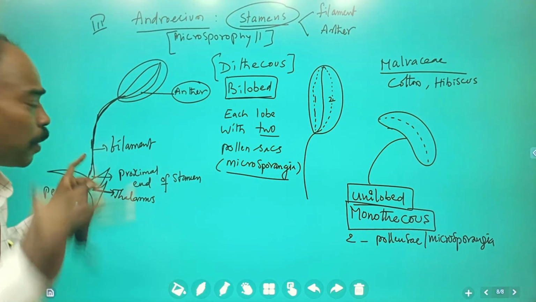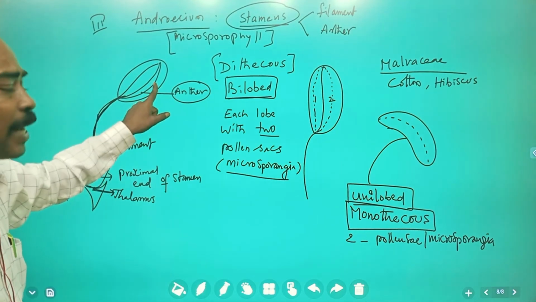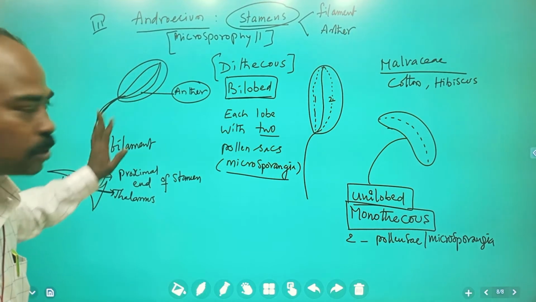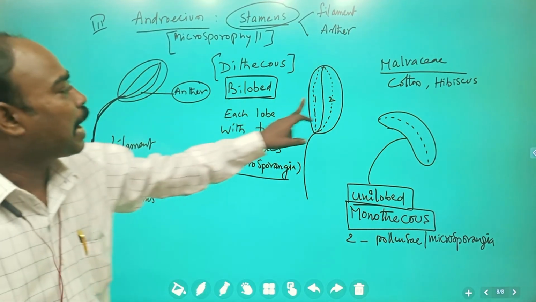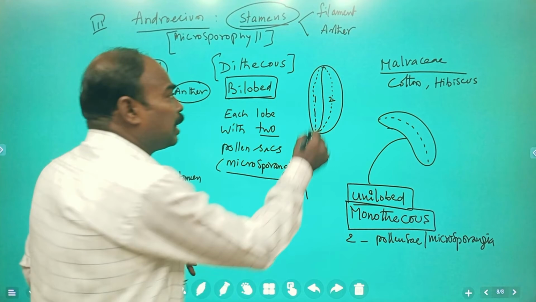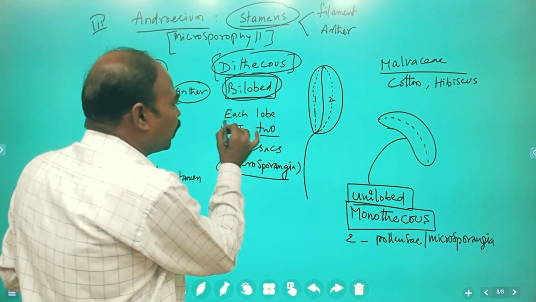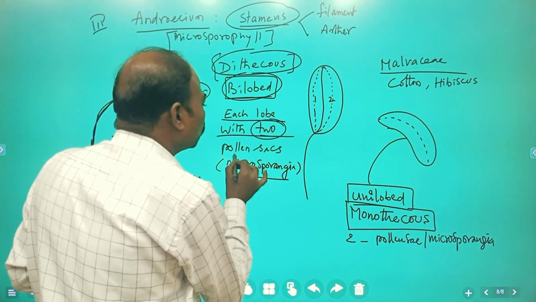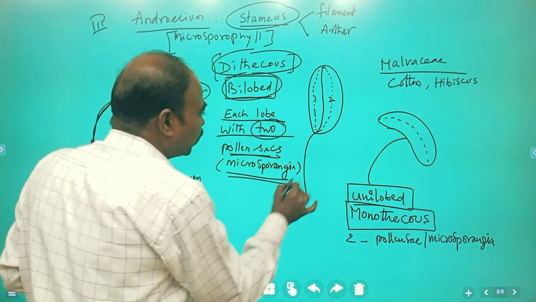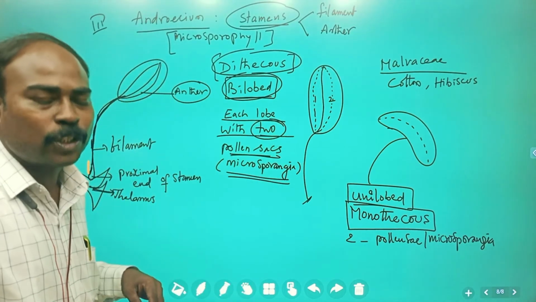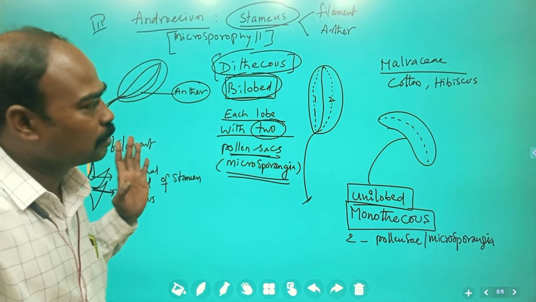Each stamen has two parts, that is a filament and an anther. Generally, the filament is a sterile stalk-like structure for the anther. Anthers are of two types, that is dithecous or bilobed anthers. Here each lobe has two pollen sacs. This dithecous anther is common in the majority of angiospermic plants.